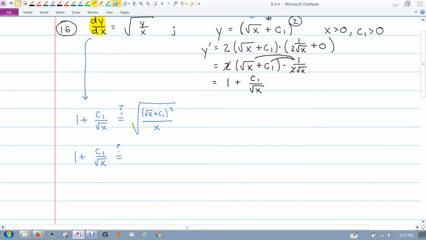I can do the square root of the top and then over the square root of the bottom. When I take the square root of that squared, I should just get root x plus c1 over, and then on the bottom I'm going to have the root of x. This is looking pretty good because I can split the right side up. Since they have the same denominator, I just do root x over root x and then plus c1 over root x. So I should just get 1 plus c1 over root x, which checks out. That does match this side.